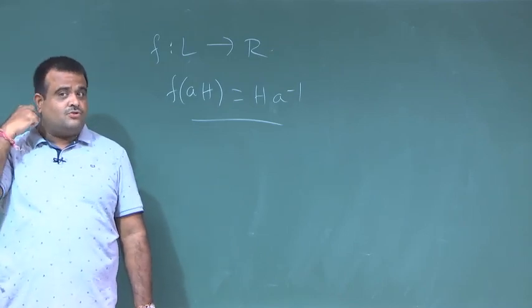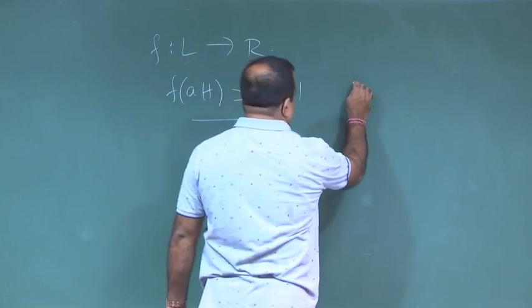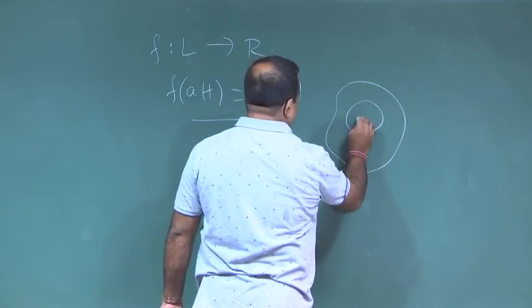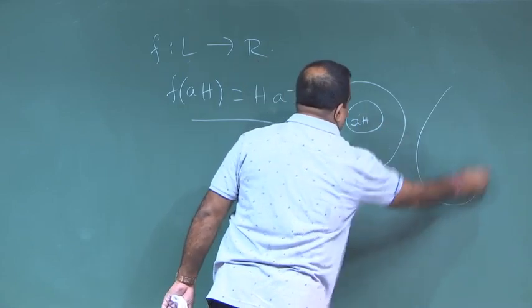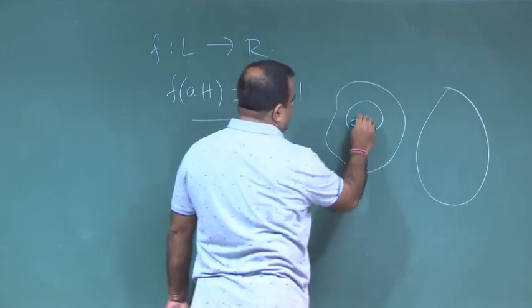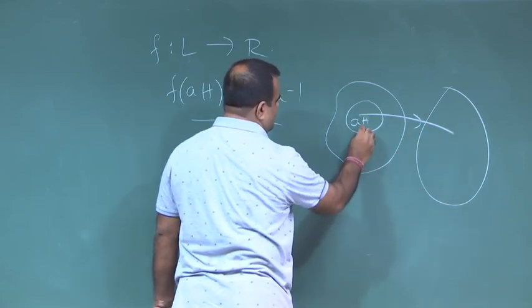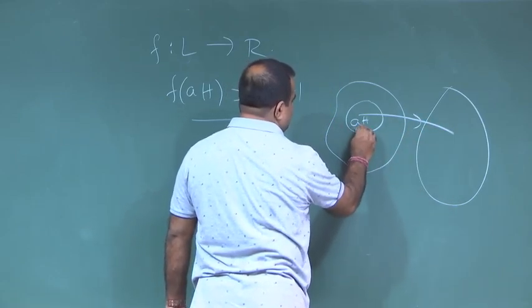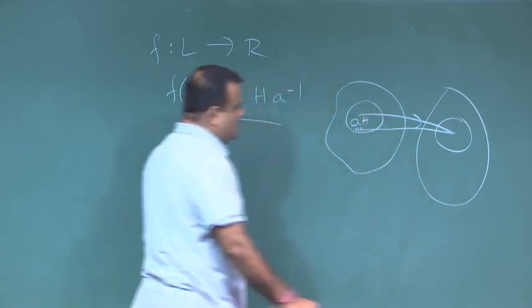Now, first of all we need to prove that this is a mapping. Mapping means if we take AH, it should be mapped to the same element, but if you take another xH, it should map to the same element.